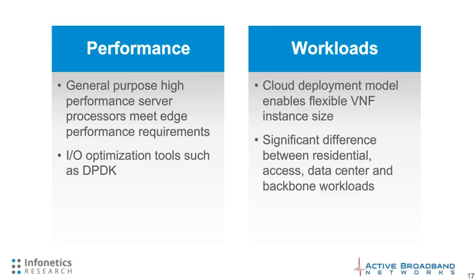So the challenges that we've had to overcome to achieve this are performance, and some of the opportunities are workload. Performance is usually the topic that most people want to drill into when we discuss the platforms that we've built.